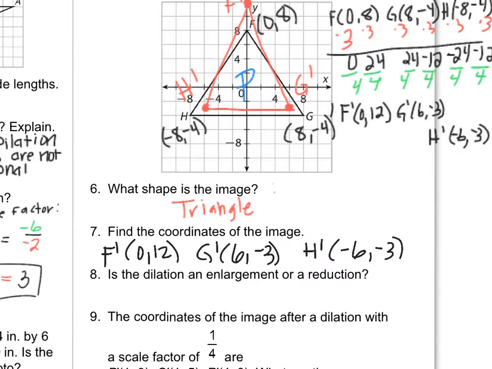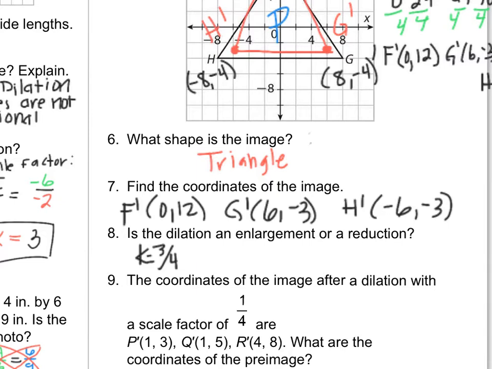Is the dilation an enlargement or a reduction? Since the scale factor is 3/4, oh, excuse me, it was smaller than 1. Since the fraction is less than 1, then that means that this was a reduction in size.